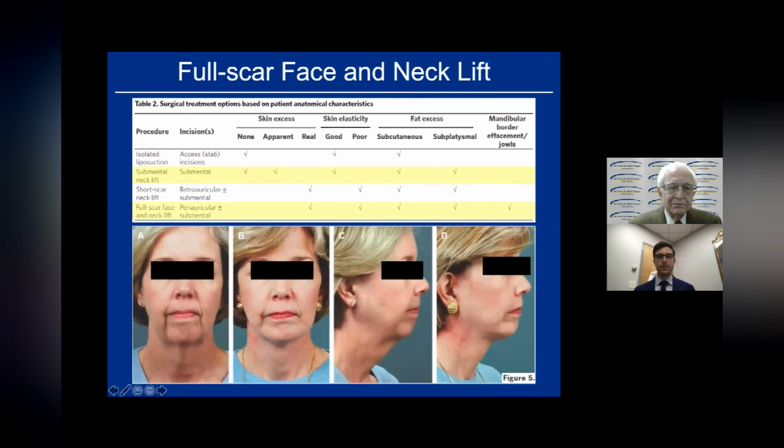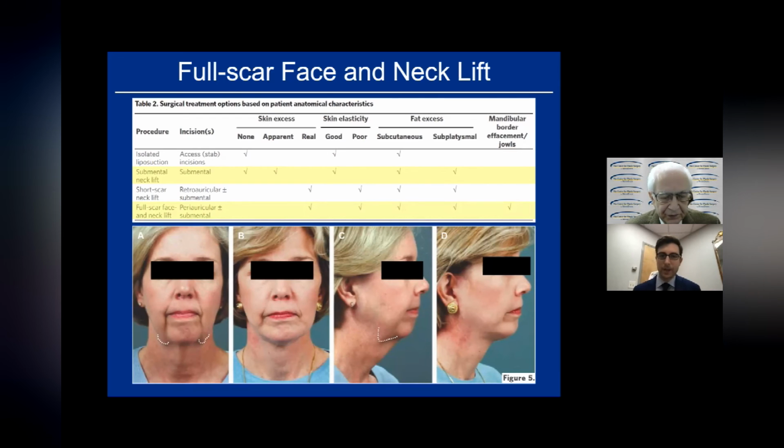Lastly, this is an older woman who has signs of cosmetic neck deformities, but in addition, also has the development of jowls. In terms of discussing treatment options with the patient, a neck lift alone, while it might improve the jowl area somewhat, you can see she also has prominent marionette lines, nasolabial folds, as well as midfacial atrophy and ptosis.